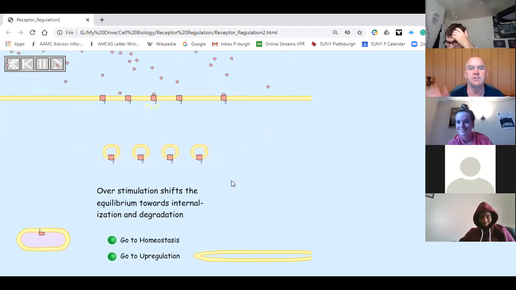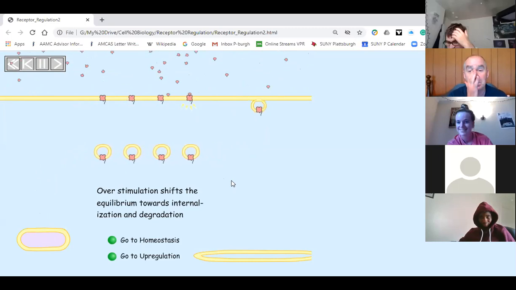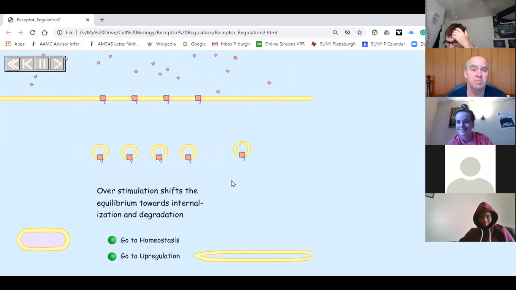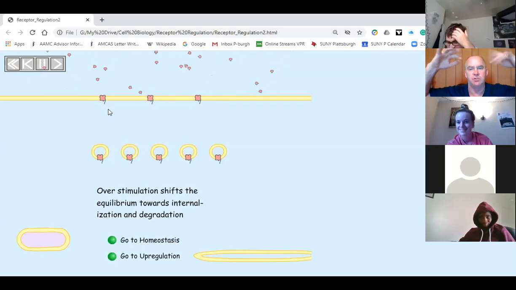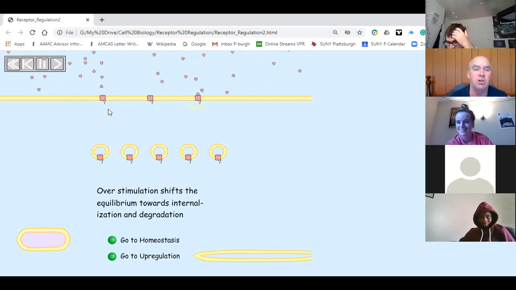We're degrading and internalizing. And so the result is over time, you've got fewer receptors here. And now you're getting the same number of flashes you got before because you still have a lot of drug out there, but you've got fewer receptors. So you're no longer really stimulating that cell.